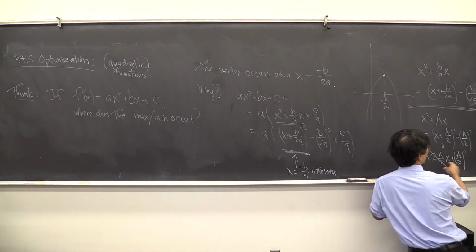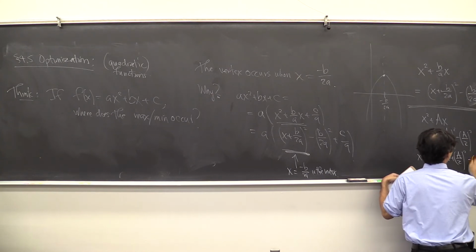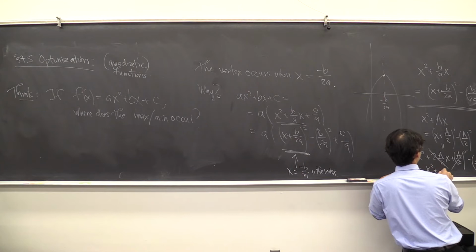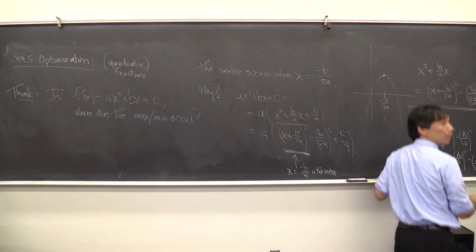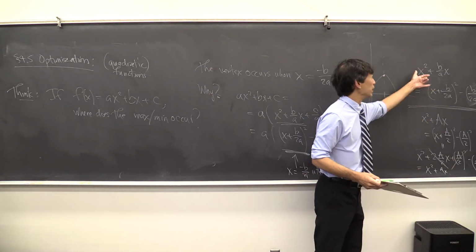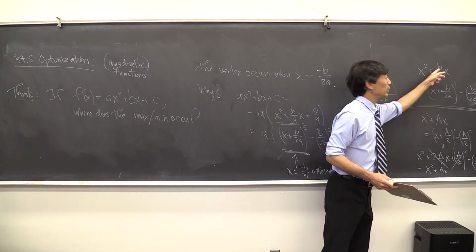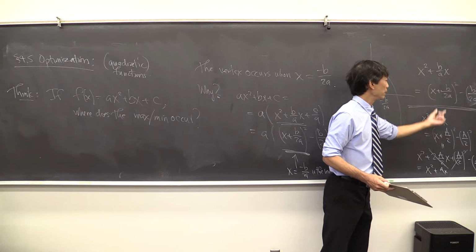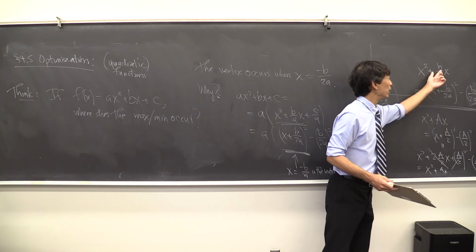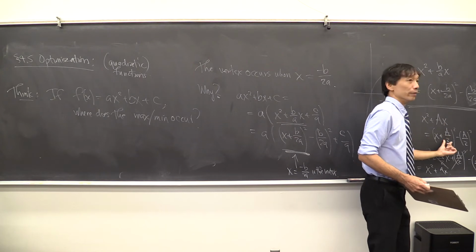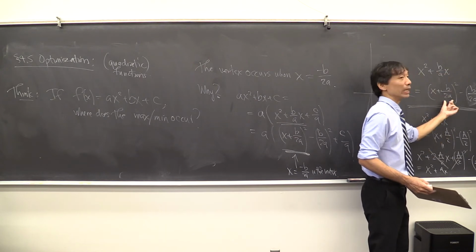And then you subtract off this thing so that these cancel, and you end up with x squared plus ax. All we're doing is completing the square. The coefficient here is b over a, so what we get is a over 2, this thing divided by 2.